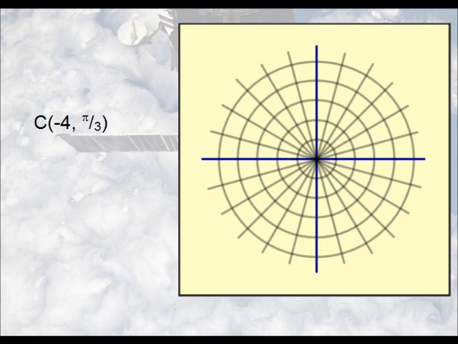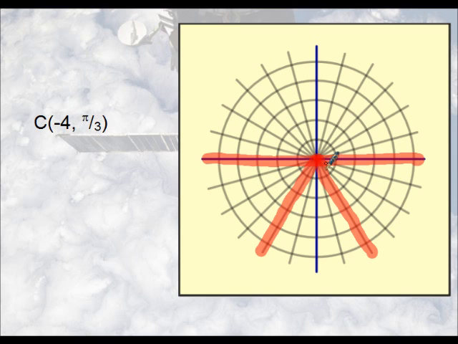How about -4, pi over 3? You'll notice that this is in radians, so if you want, you can convert that to degrees, being 60 degrees. Or, if you're used to thinking in terms of radians, pi, remember, is halfway around a circle. So if you were to take a straight line and divide it into 3 pieces, that would give you a sense of how far to rotate.